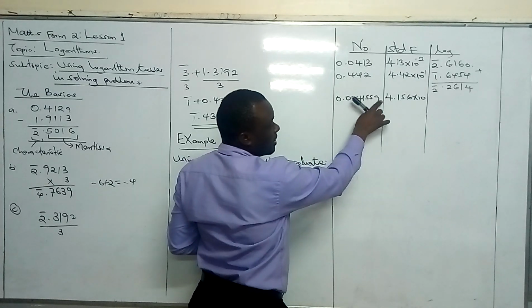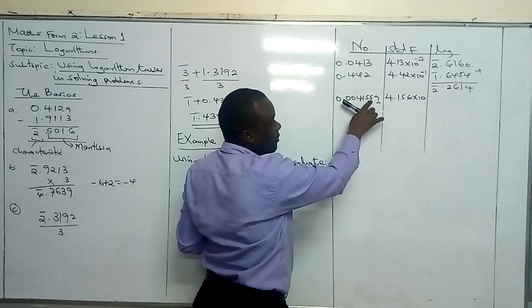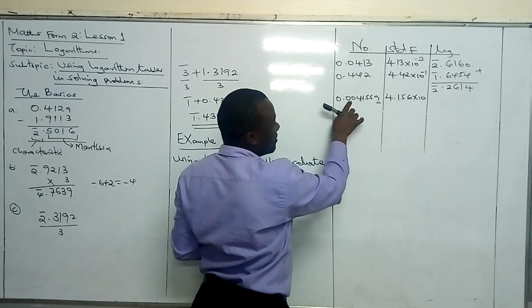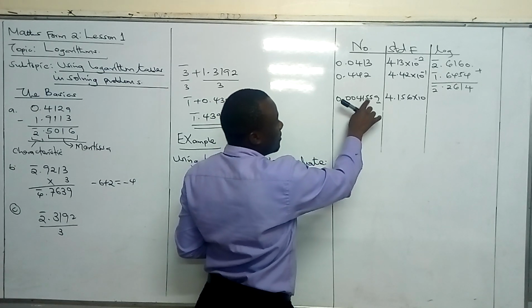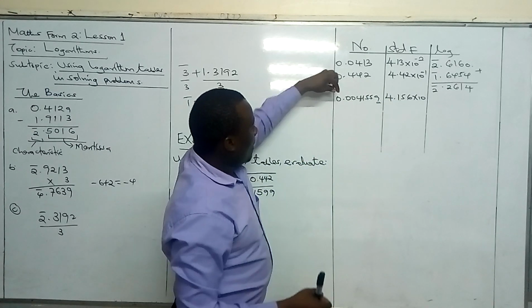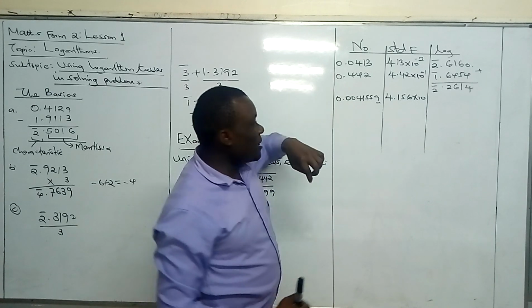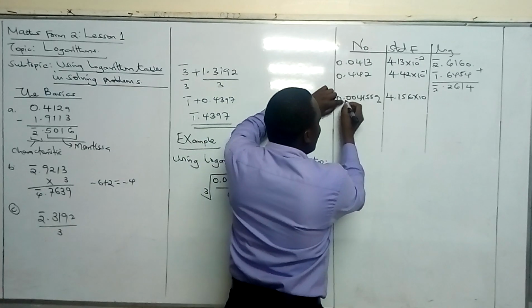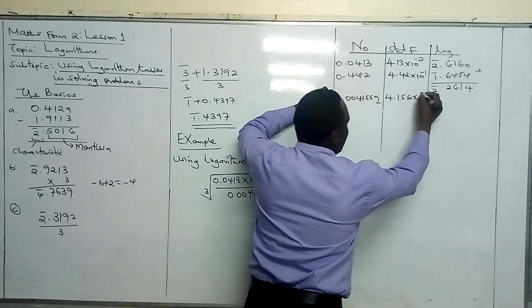I'm using 6 because 9 is greater than 5. It will affect this 5 by 1. It becomes 6. So in standard form, it will be like this. Then we will ask ourselves, how many steps did we move? The decimal was here. We moved 1, 2, 3 steps. That's minus 3.